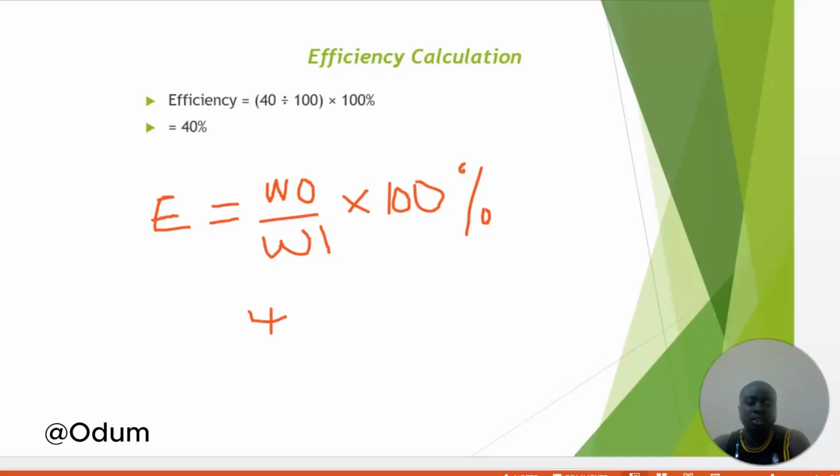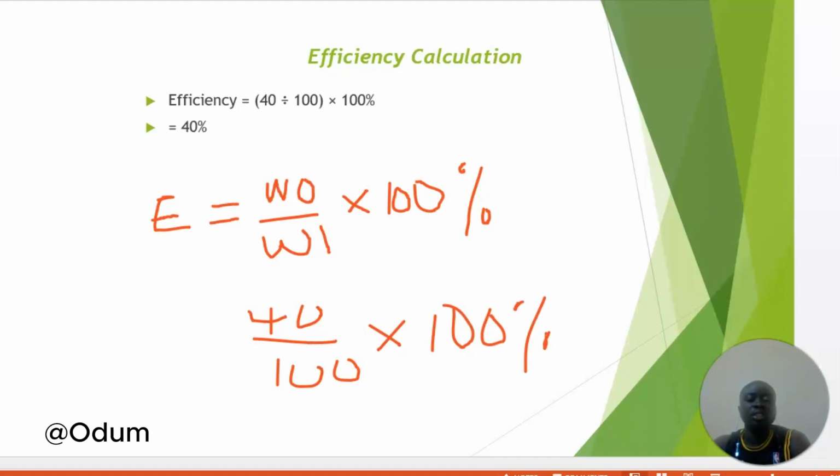So our 40 divided by our work input, which is 100, times our 100%. And here we know that this 100 will cancel this 100, leaving this 40.